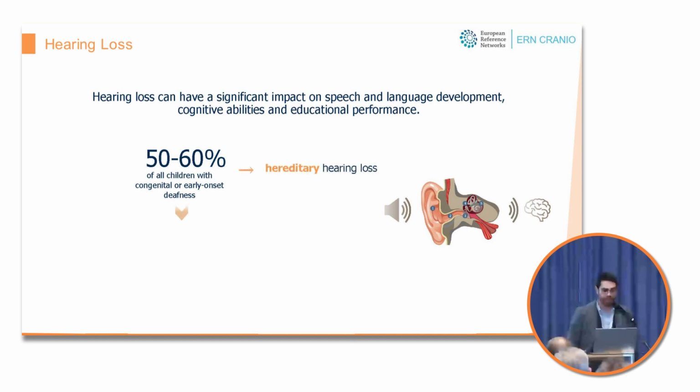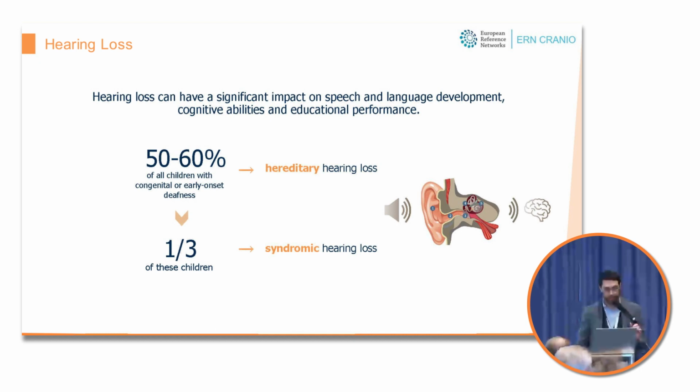And among them, 1/3 has a syndromic hearing loss. So we have to think about it both ways. When we have a syndromic patient, we should think about the hearing loss as a possible cause of worse result over time. But when we have a patient with hearing loss, we have to check for other clinical issues in the medical history and in other parts of the body.